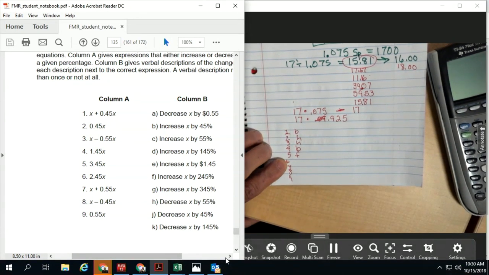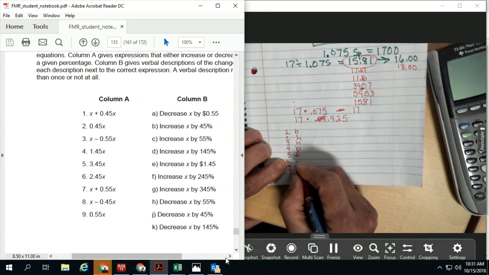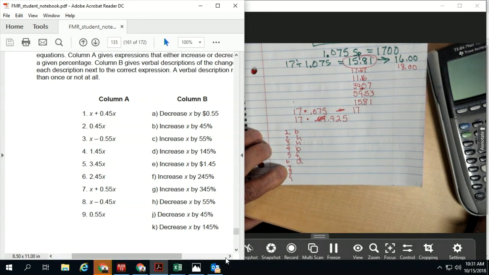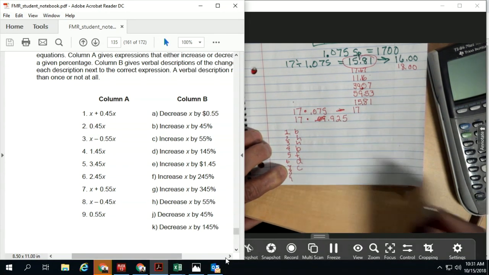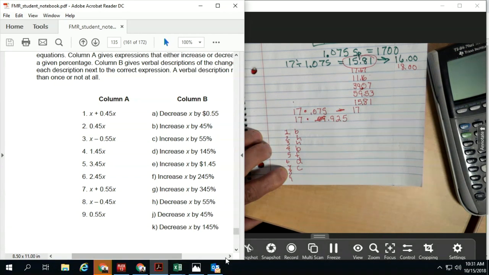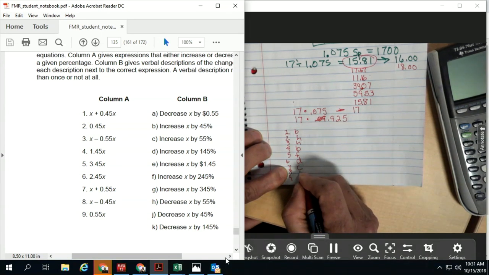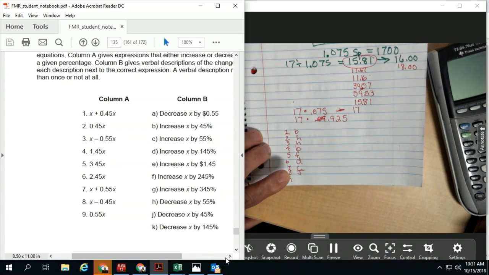Number 6. D. 7. Yeah, it is. 8. And 9. Also J.